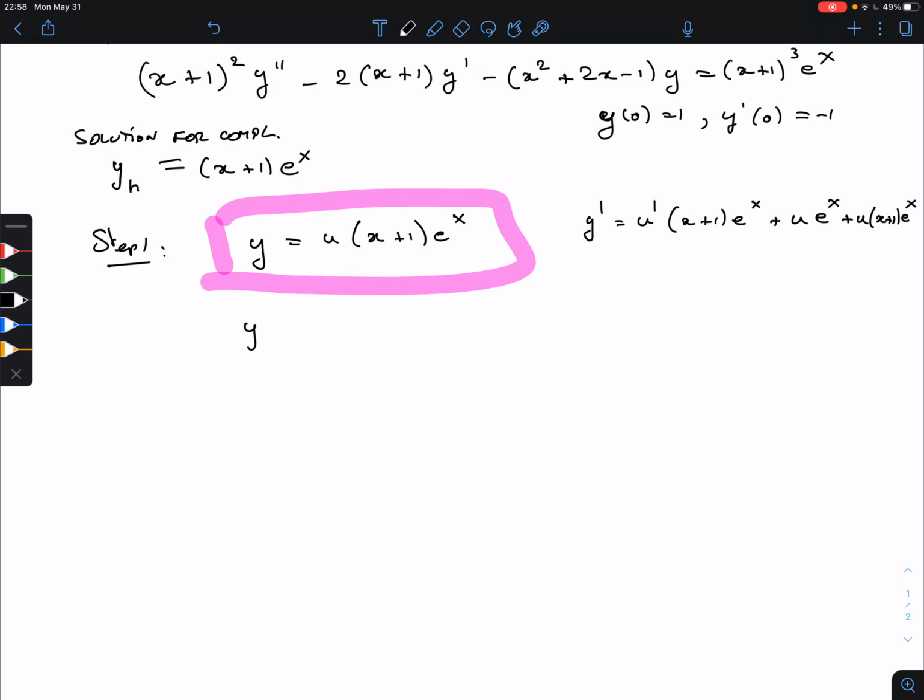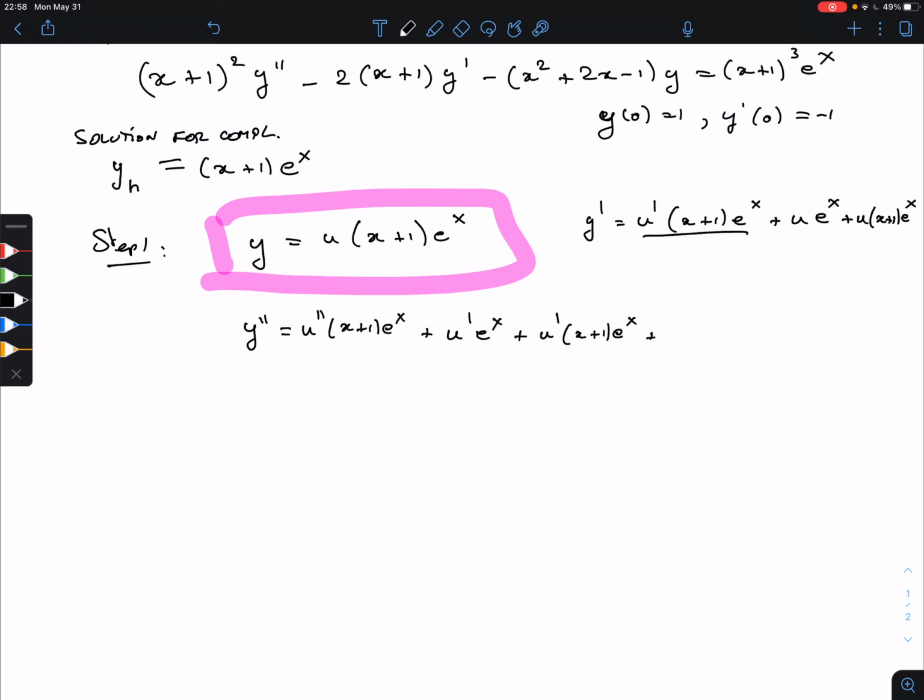And then y double prime, that's probably even longer, so let me give myself a bit more space. So the derivative of the first, that would be u double prime (x plus 1) e^x. Now, the derivative of the second is e^x. The derivative of the third, okay, that's taking care of this one.